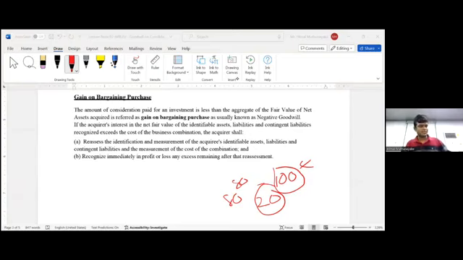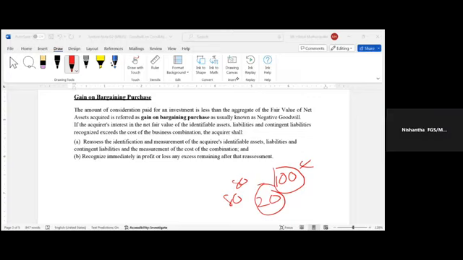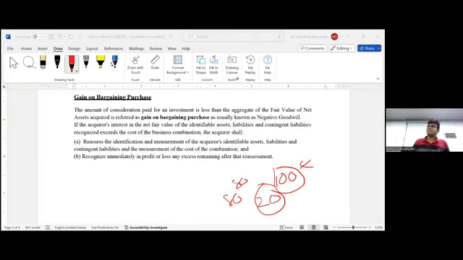Do we need to identify it under assets, liabilities, or equity? Assets. So negative goodwill is the income, right? Because I'm having 20,000 of income.